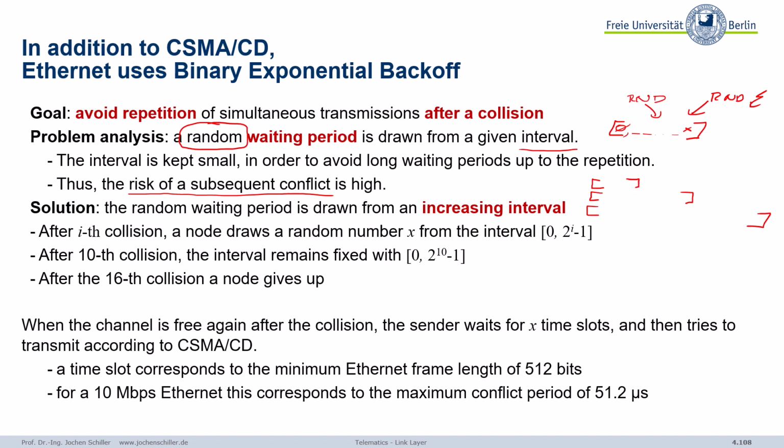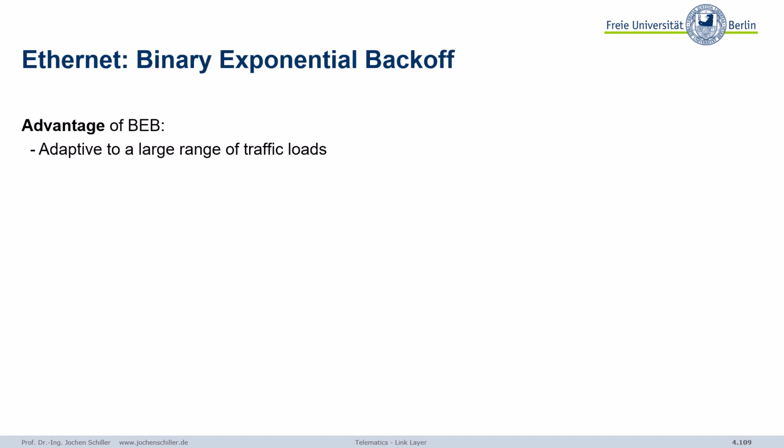So what does it mean? What is the advantage of doing so? We can adapt to different traffic loads. Well, if there's only light load, we have no collisions, fine. If the medium is idle, we just send, so very low delay. If there's light load and we had some collisions, we still have small intervals. That means smaller random numbers, statistically, and that means shorter waiting times.